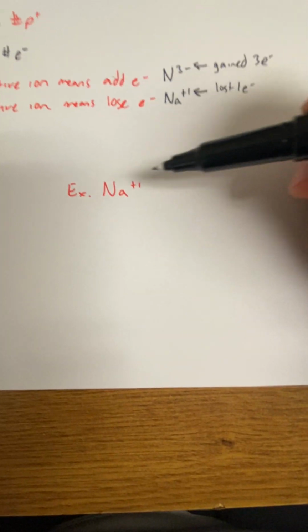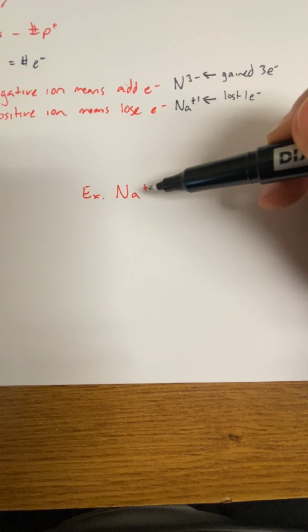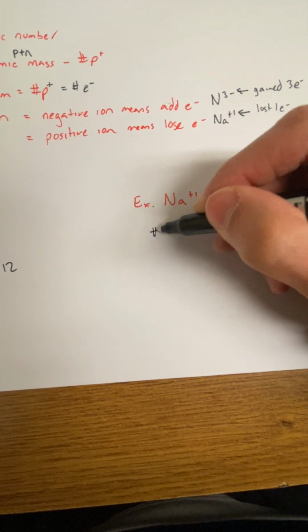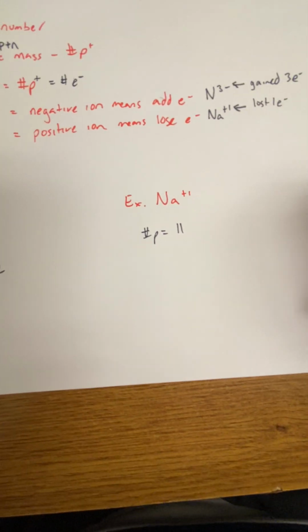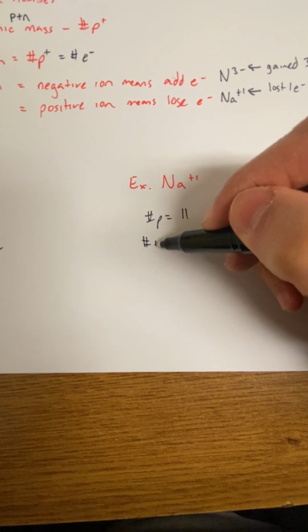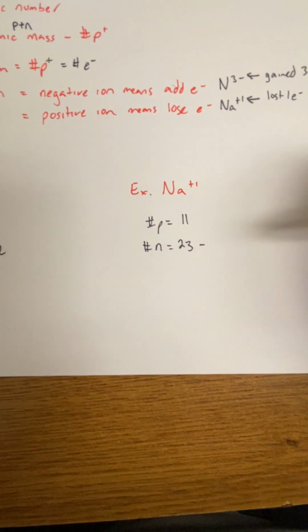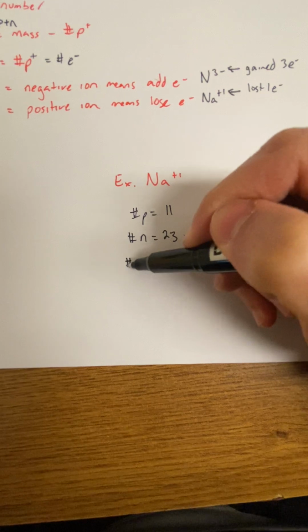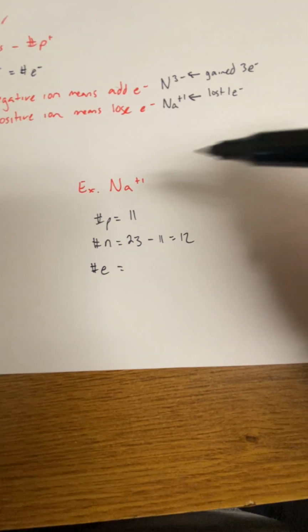In this next example of sodium in its ion form, the number of protons and neutrons are going to stay the same. It still has the same atomic number, meaning 11 protons. It's still going to have the same atomic mass. Subtract the number of protons, gives me 12. But to find the number of electrons, I need to do a little bit of looking.